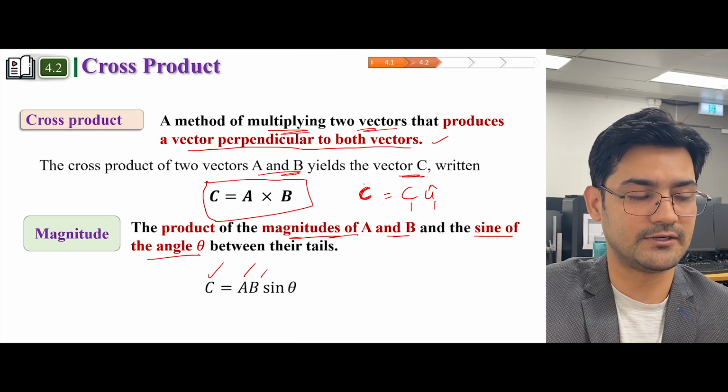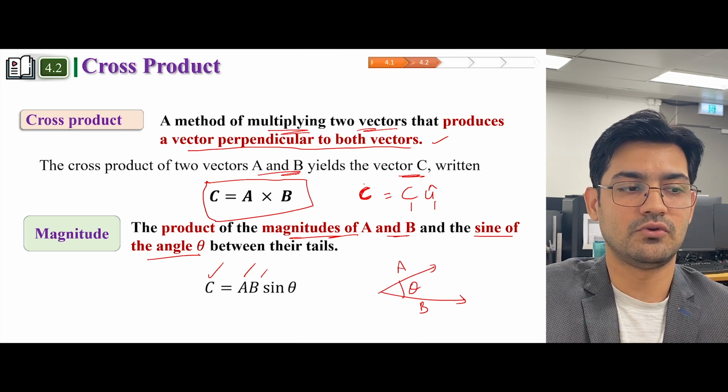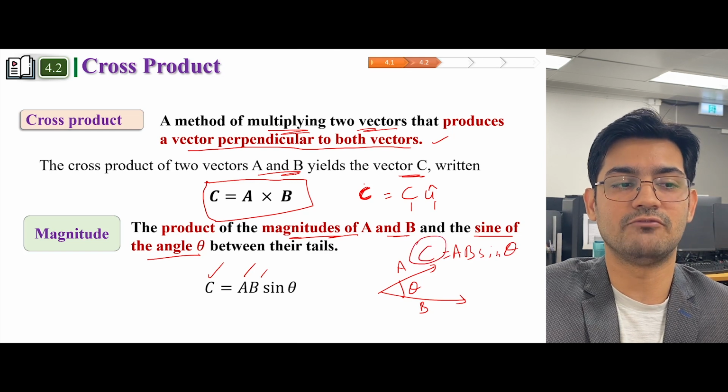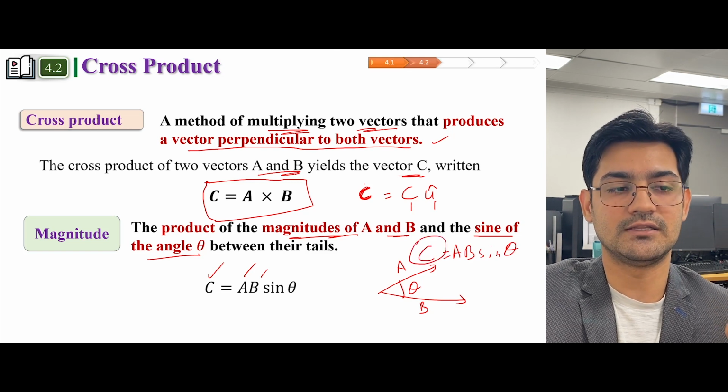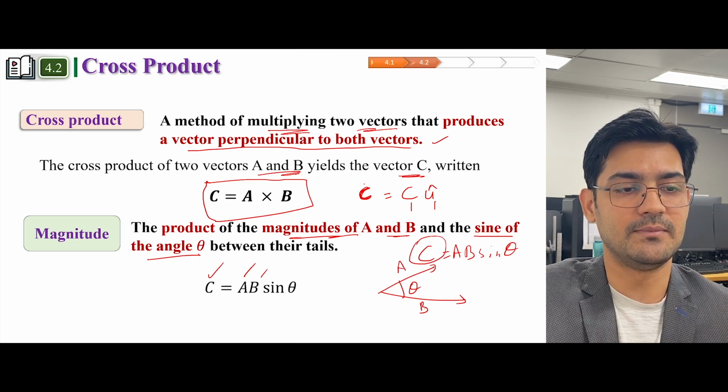For example, you have vector A, vector B, and a theta between them. If you get the magnitude of vector A, the magnitude of vector B, and multiply AB with sine of theta, you will get the magnitude of vector C. So you will get another vector C, and that vector C has a magnitude AB sine theta.